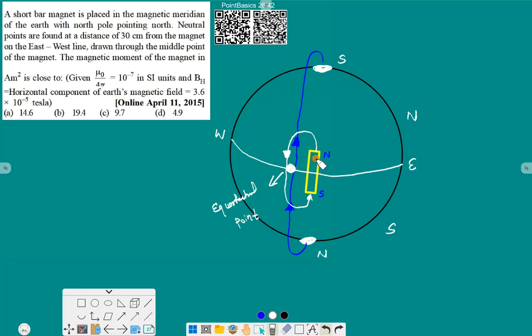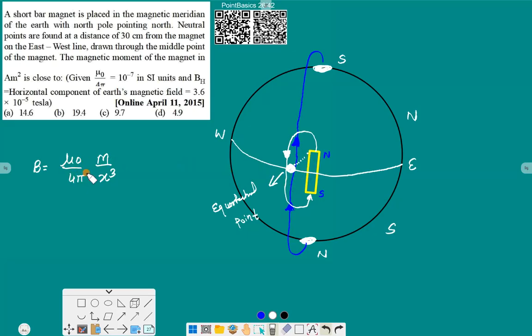Now the magnetic field due to this magnet at an equatorial point is given by mu naught by 4 pi into its magnetic dipole moment divided by the distance cubed. Actually this is the distance, but normally we take this perpendicular distance, because these are comparable to each other as the magnet is small.